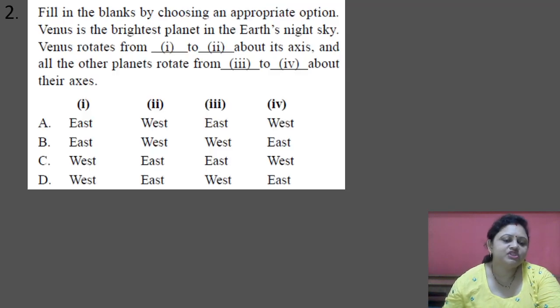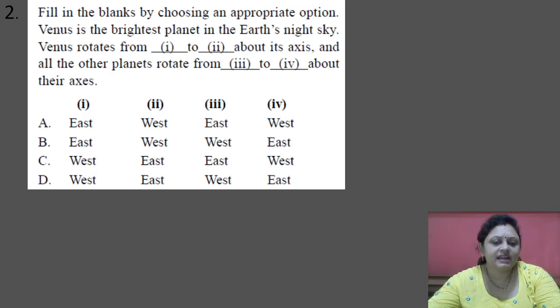Coming to the next question, fill in the blanks by choosing an appropriate option. Venus is the brightest planet in the Earth's night sky. Venus rotates from 1 to 2 about its axis, and all the other planets rotate from 3 to 4 about their axis. Options are A, east west, east west; B, east west, west east; C, west east, east west; D, west east, east and west.